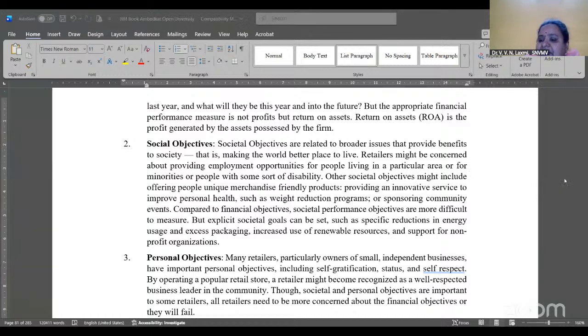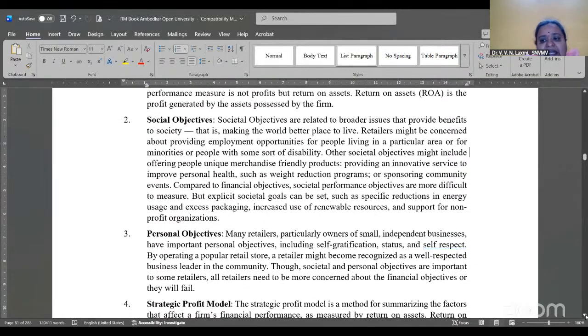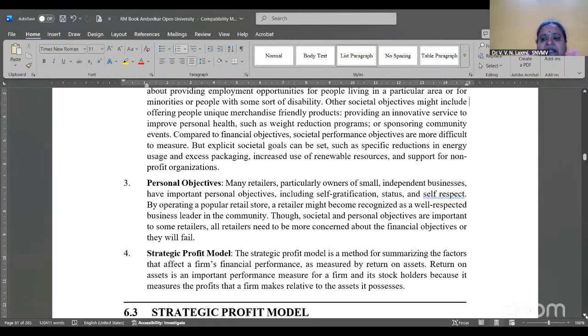Now, in addition, most of our retail sector being in the unorganized sector, many individual standalone retailers have their personal objectives like self gratification and status symbol. It's a self respect symbol that they have got such good retail outlets, and they are doing some service to the society in general and their customers in particular.